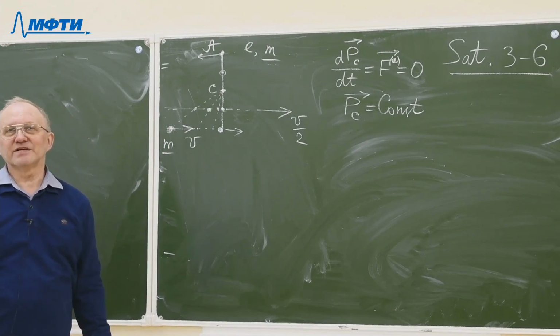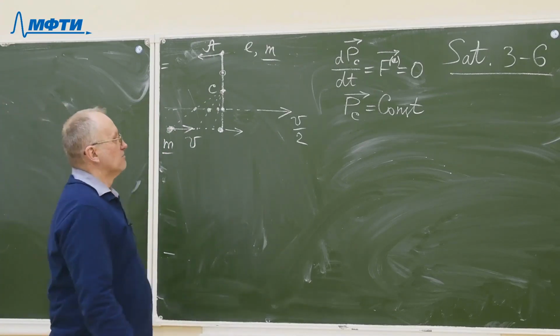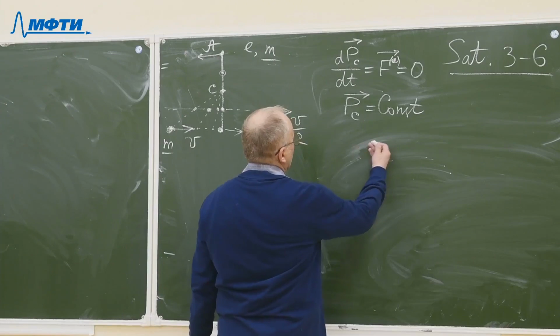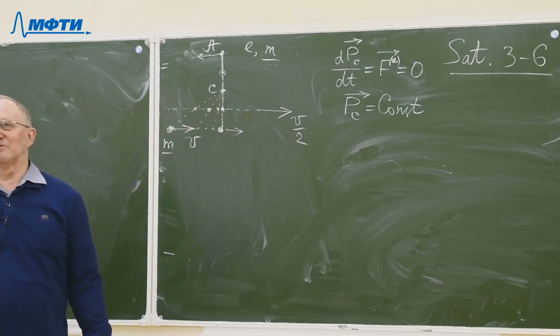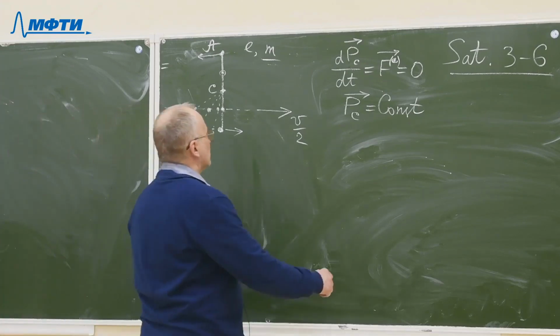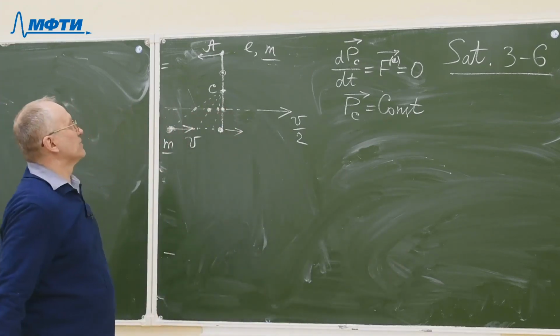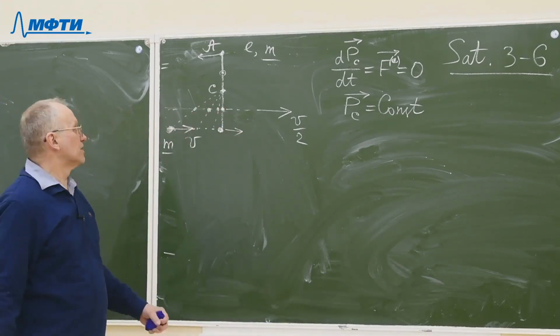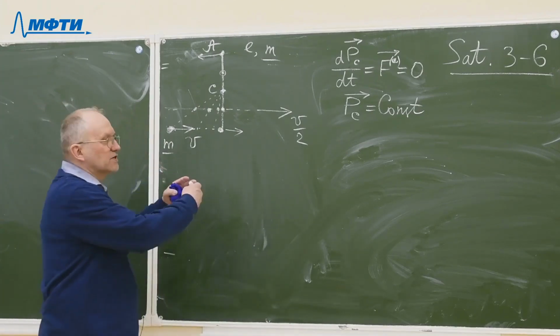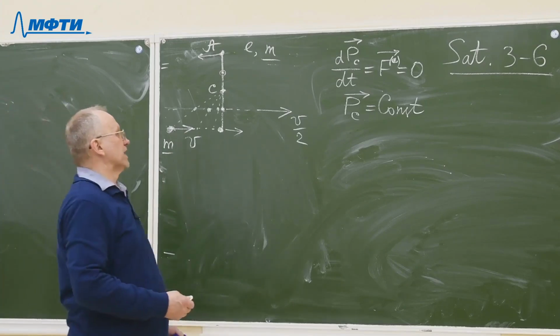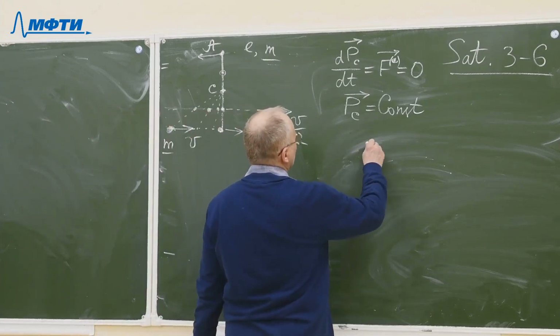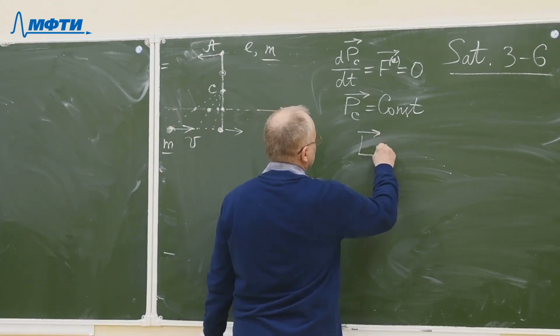How to find the angular velocity of rotation? We must use the law of conservation of angular momentum, because there are no external forces acting on this system, therefore the total torque of external forces is zero. And therefore the total angular momentum is also conserved.